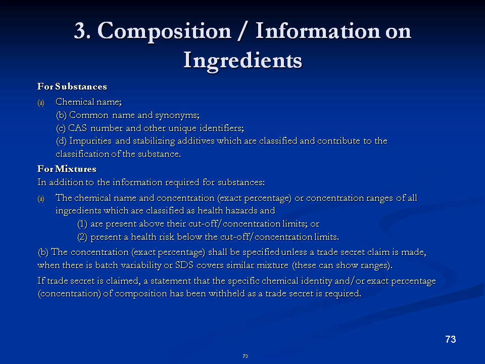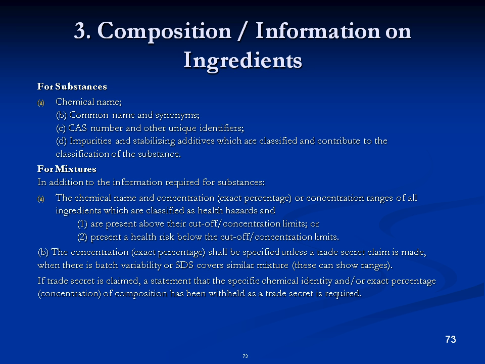Now in Section 3, we have to include for substances the name, the CAS number, and any other unique identifiers. For mixtures, the names and the CAS numbers, of course, for the ingredients that are present above their cutoff concentration or their concentration limits and are health hazards, or that even though they're in a lower concentration still present a hazard.